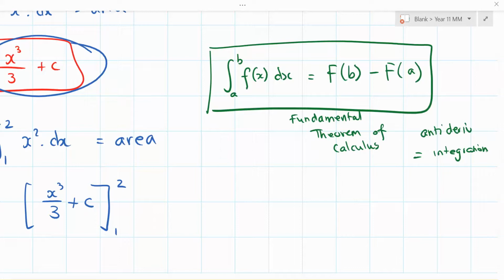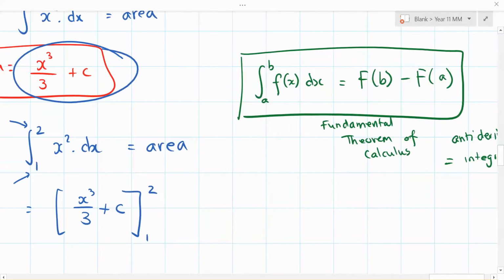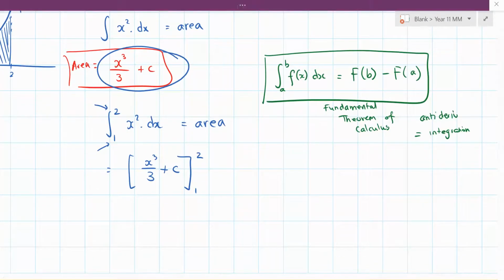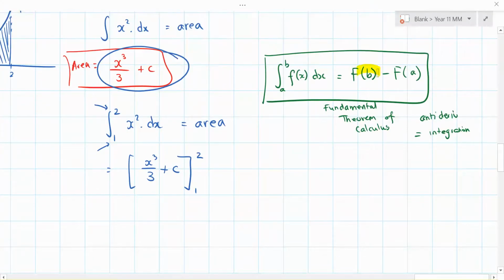It is not part of our course to know that. You just needed to know that it is the area under the curve. You don't need to know the proof, and you're not getting assessed on it. So I'm recommending that you don't do it because it might confuse you, unless you're pretty good at your maths and you're pretty happy to challenge yourself, then by all means do so. But anyways, we're going to go with this idea. This is where it's important. This is called the fundamental theorem of calculus right there.